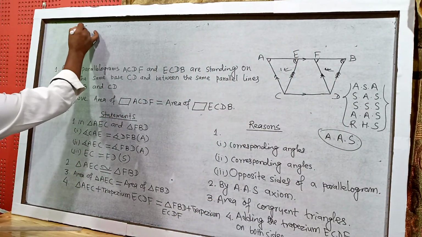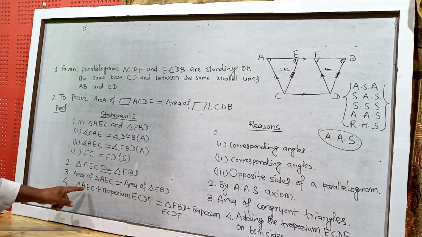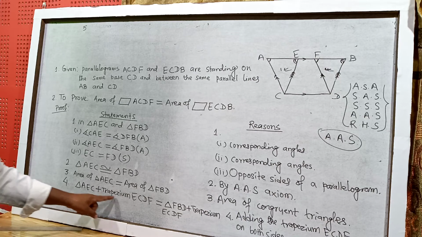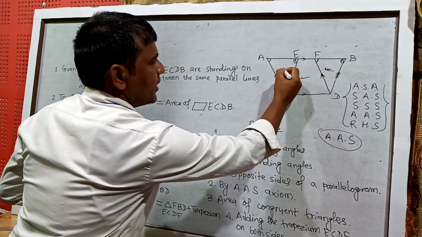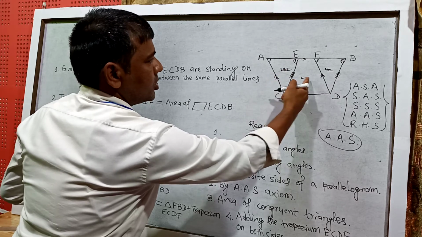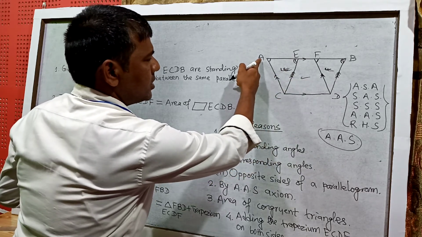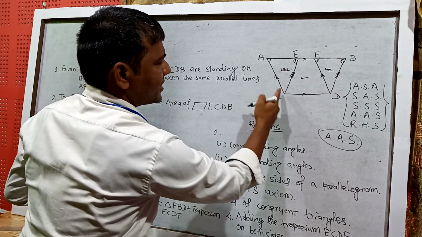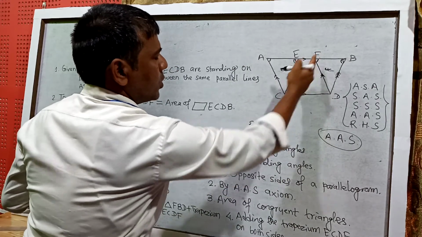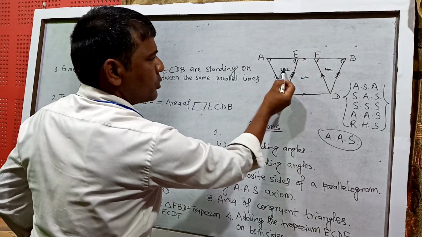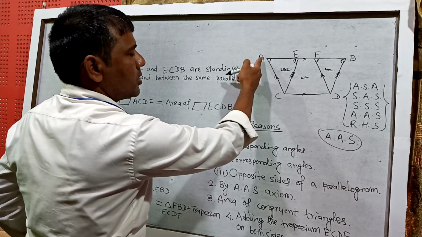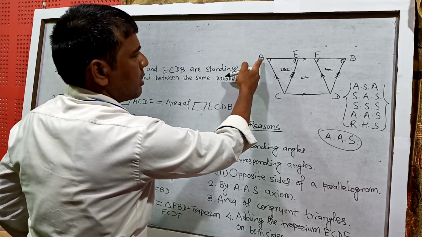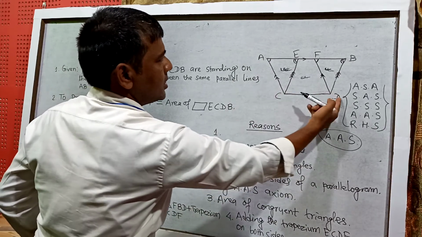Now number five, if we add triangle AEC and trapezium ECDF, this trapezium is added to this triangle, then this becomes parallelogram ACDF. When we add this trapezium with this triangle, what happens? It becomes parallelogram ACDF.